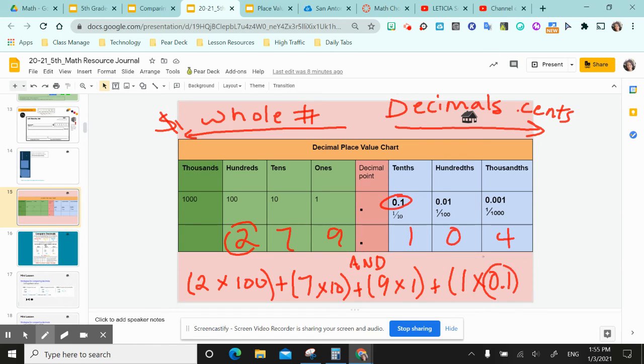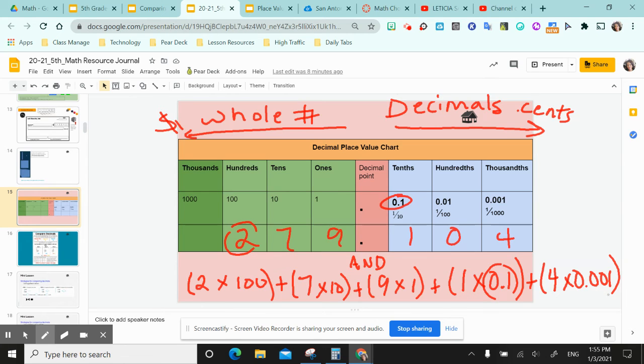I don't need to put anything for my 0 because I have nothing there. So I don't need to put 0 times 1/100th. But I do need to put something for my thousandths because I do have a number there. So 4 times my thousandth.